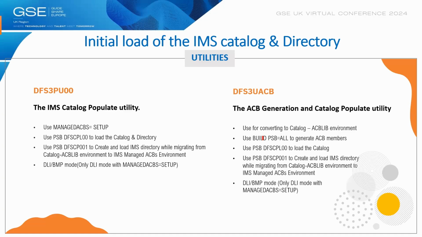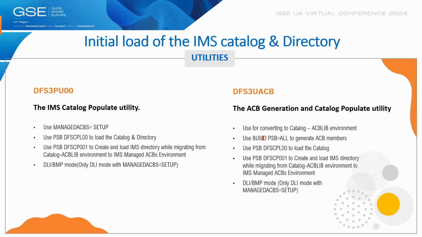Basically, when you populate the IMS catalog in the same step as the generation of the ACB members in the ACB lib, it ensures that your IMS catalog, the directory, and your ACB libs are all in sync. They are consistent.